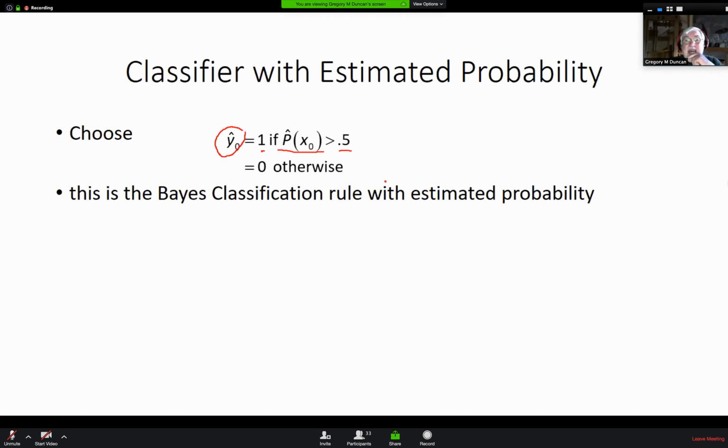This is called the Bayes classification rule with estimated probability. It's Bayes classification. It is not Bayesian statistics. Now, I have an estimate. It's intuitive. How do I measure how good that estimate is?